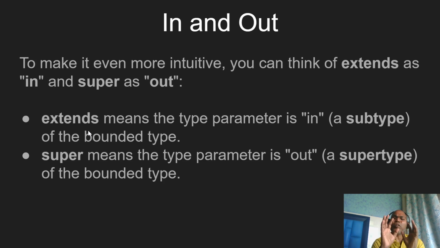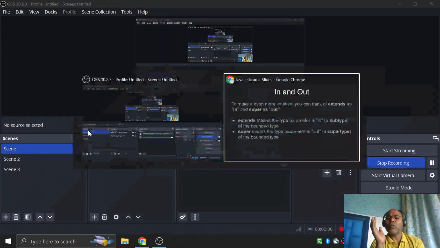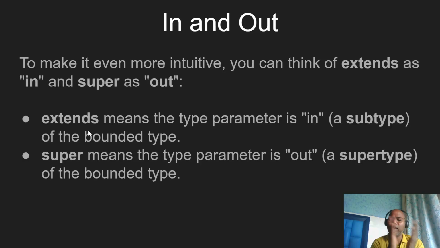So you can visualize from a different angle, like in and out are producers and consumers. Simple: super for out, and in for extend. If you somehow visualize it, in and super are very easily understood concepts.